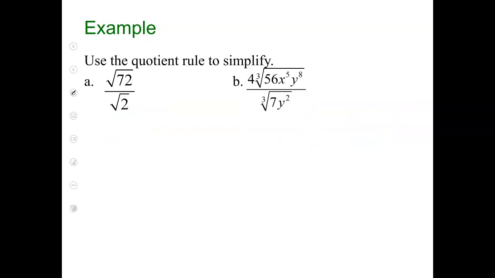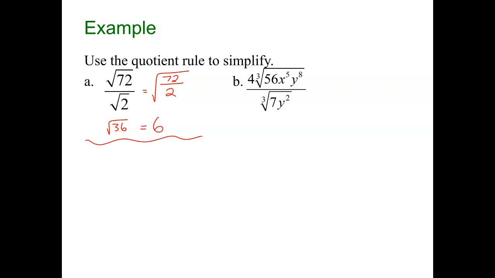Quotient rule, same thing. We want to split it apart and then simplify. There's a couple different ways that we can look at this one. If we use the quotient rule, we're going to put it under one radical. So I have the square root of 72 over 2. Well, what is 72 over 2? 36. So that turns it into the square root of 36, which equals 6.